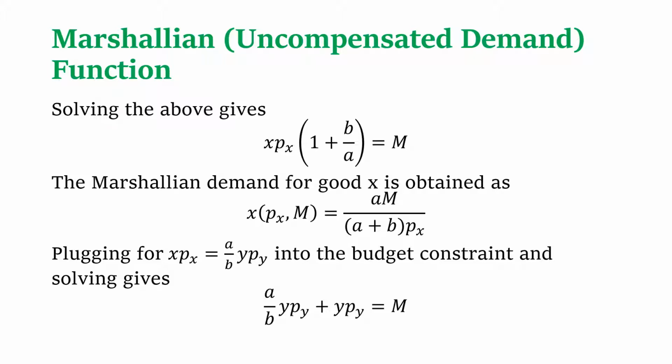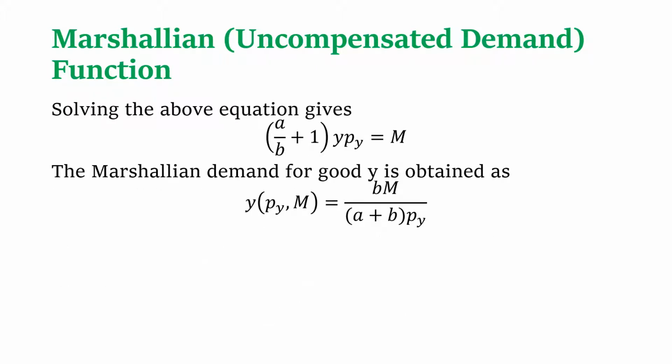So once we do that, we're going to have a over b ypy plus ypy equals m. And if we factorize, we're going to have ypy out of the brackets times a over b plus 1, which is equal to m.